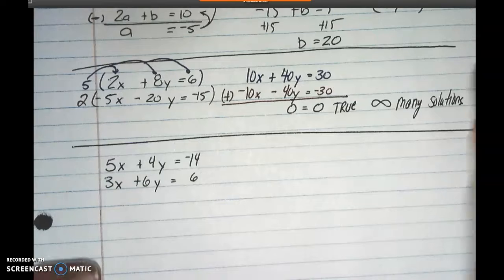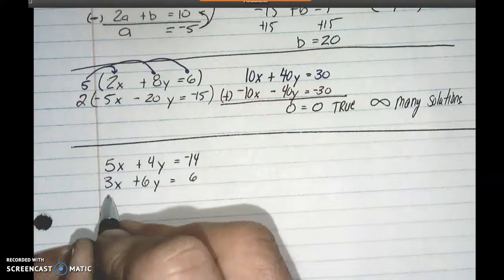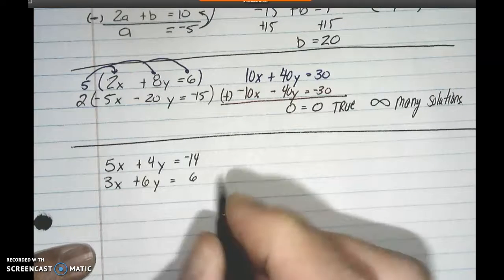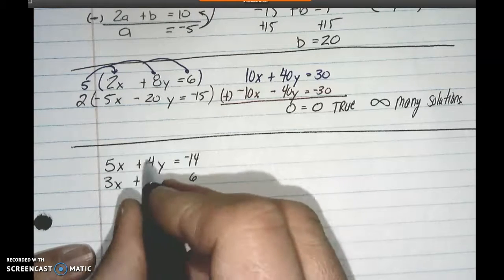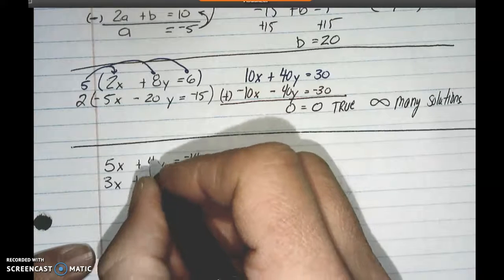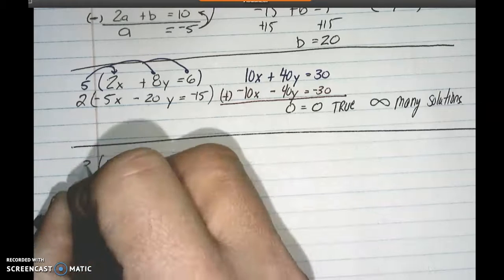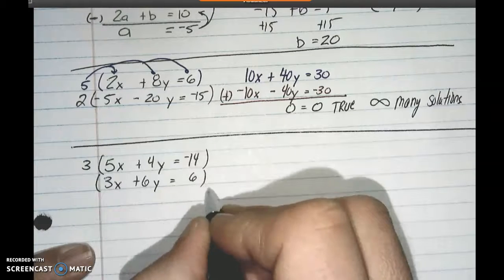All right, so our third example, we have 5x plus 4y is equal to negative 14, and 3x plus 6y is equal to 6. Off camera, we decided we want to cancel the y's. So the greatest common factor between 4 and 6 is 12. So I'm going to multiply this one by 3 and this one by 2.